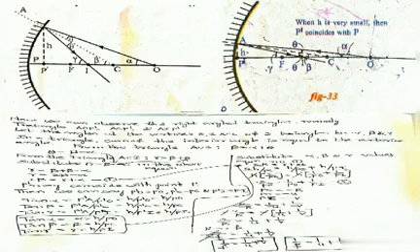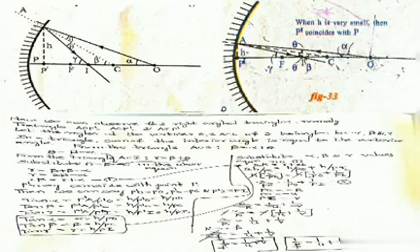Next, from the triangle ACI, we can write gamma equal to beta plus theta. Sum of the interior angles equals the exterior angle. So from the triangle ACI, we have written gamma equals beta plus theta.